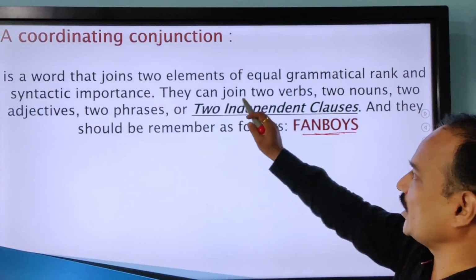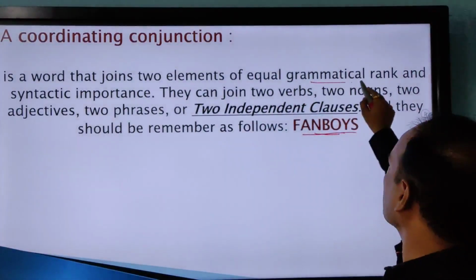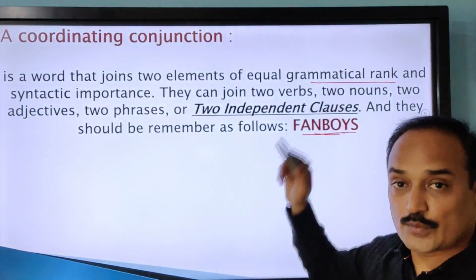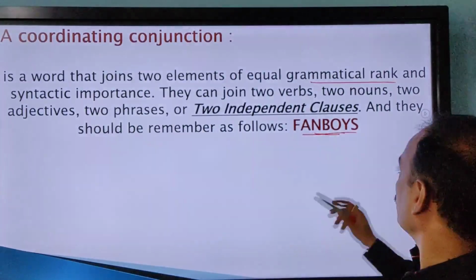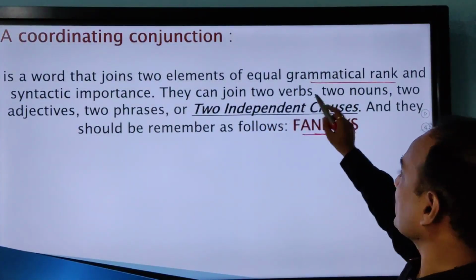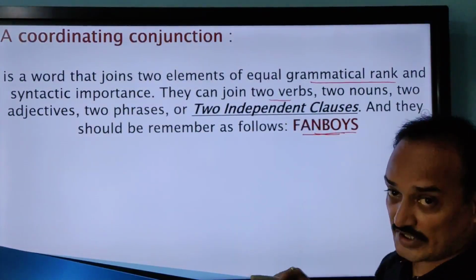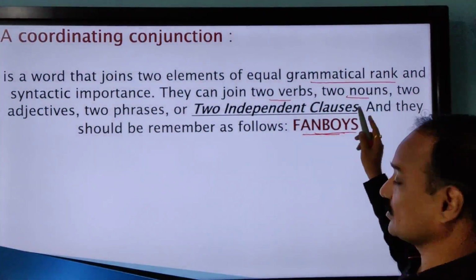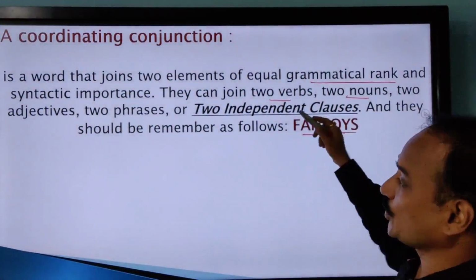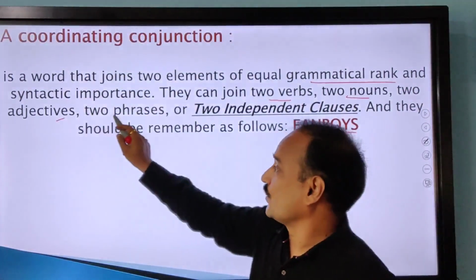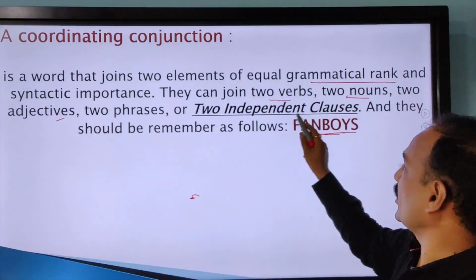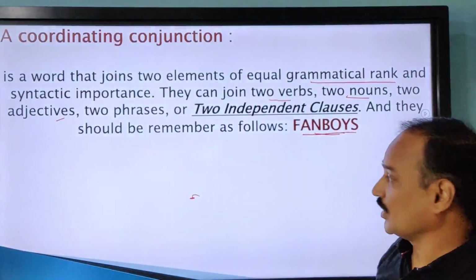A word that joins two elements of equal grammatical rank. What kind of equal grammatical rank? It may be two verbs which are equal. It may be two nouns which are equal. Even two adjectives, two phrases, and very importantly, two independent clauses.